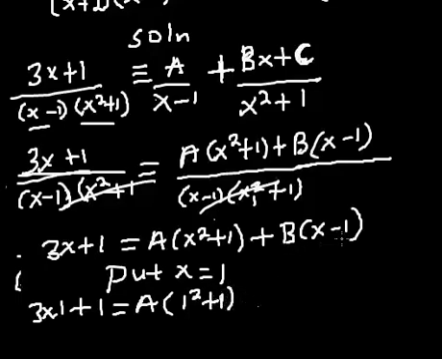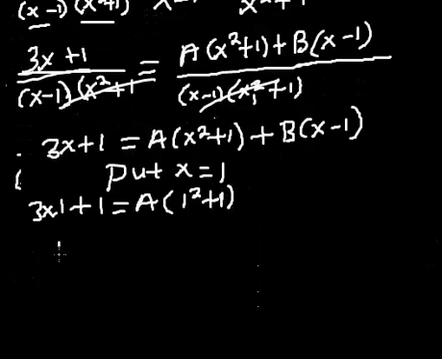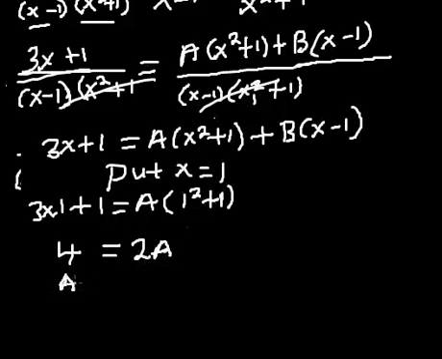All right, so 1 minus 1 is 0, so B is eliminated. So invariably I'm having 4 here, 3 plus 1, 4. And of course this is 1 plus 1, 2, 2A. Then A now is going to be equal to 4 all over 2, which is equal to 2.